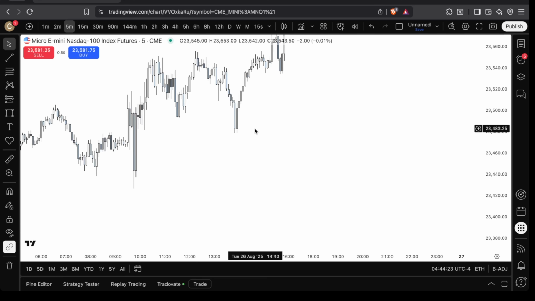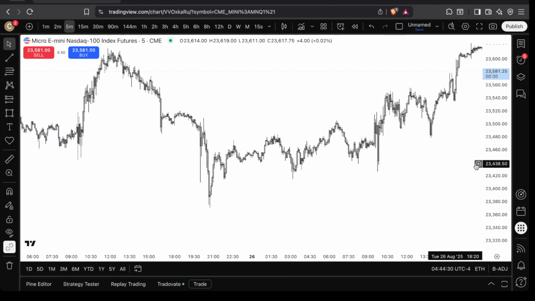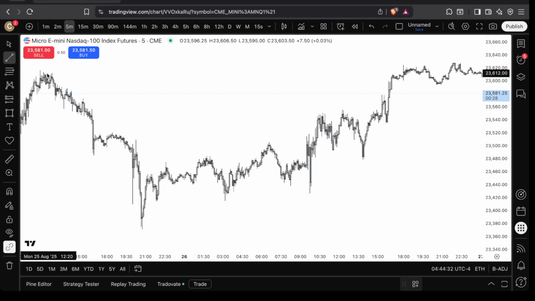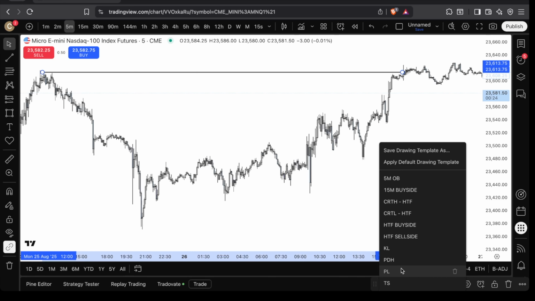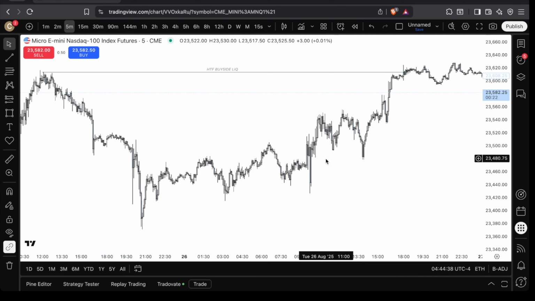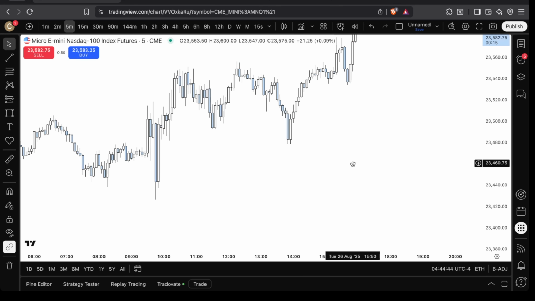So let's look at yesterday. Yesterday I didn't take a trade because this price is absolute garbage. But what we can see from here, we have this higher time frame drop on liquidity right here. So buy side, right? So this is 26th August, and what can we see from here?